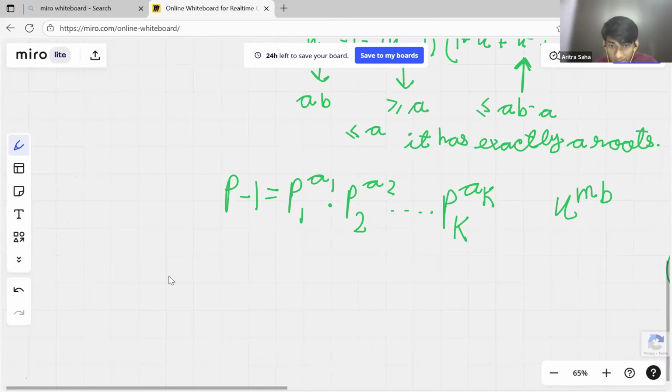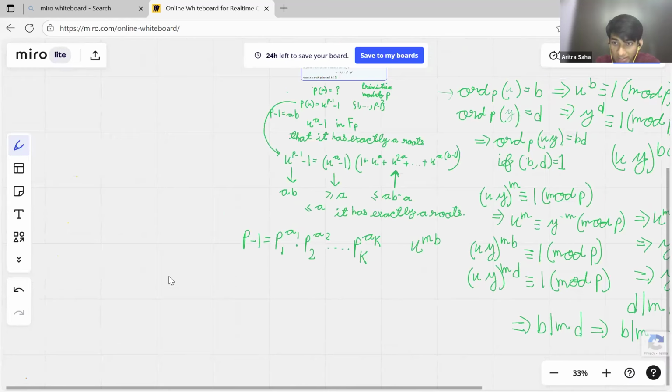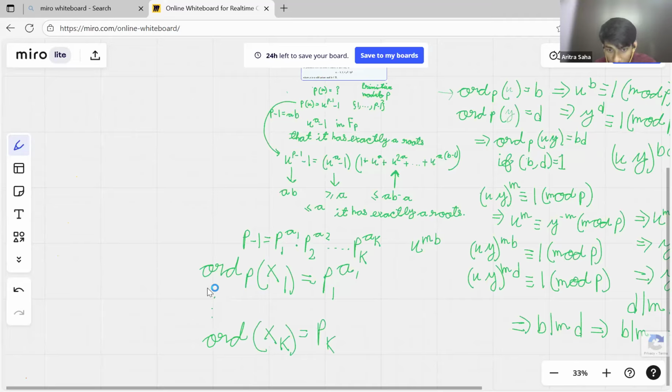So try to make all the orders p1 to the power a1, p2 to the power a2, dot dot dot, pk to the power ak, and then we can do this because they are co-prime. What I'm trying to say is there exist some xi, which we'll prove, such that the order of xk is exactly pk to the power ak.